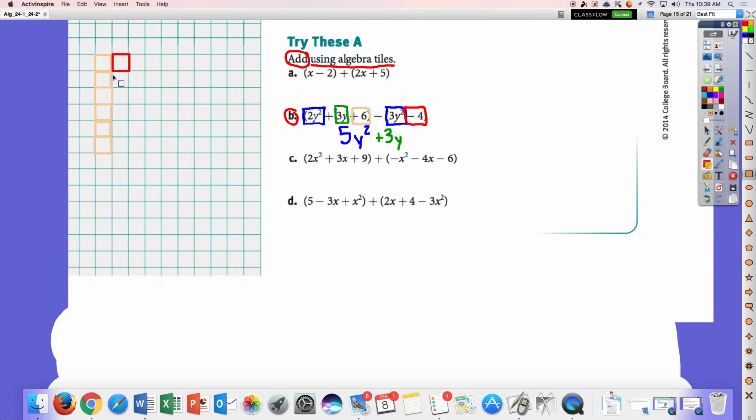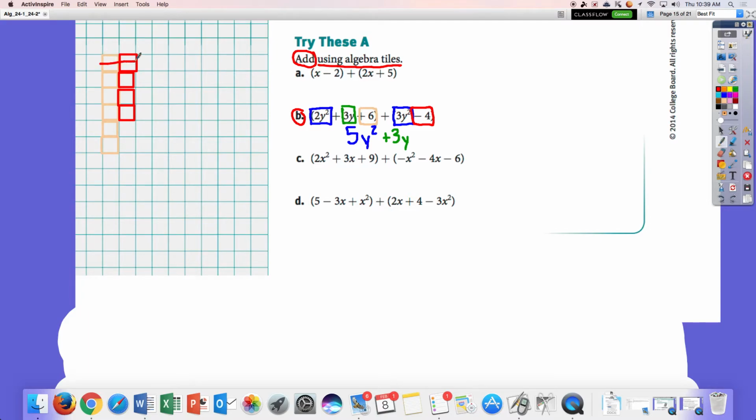But right next to that, 1, 2, 3, 4 red. And again, this is a 0 pair. The positives and negatives will cancel, leaving me with positive 2.